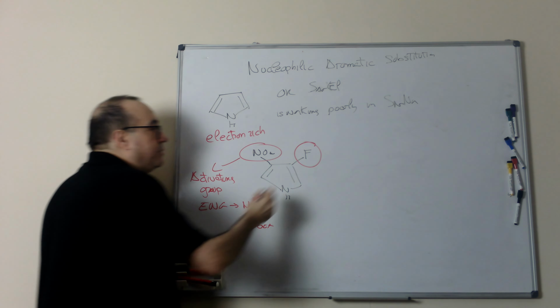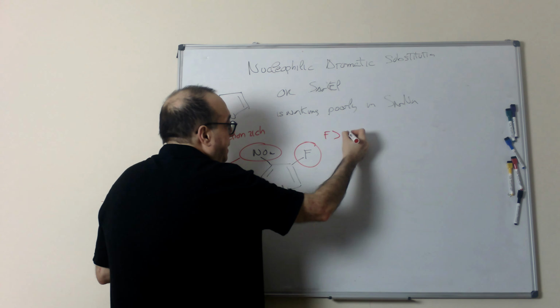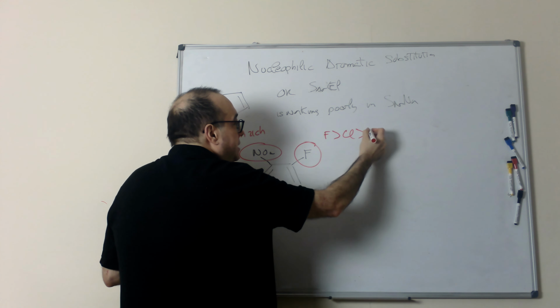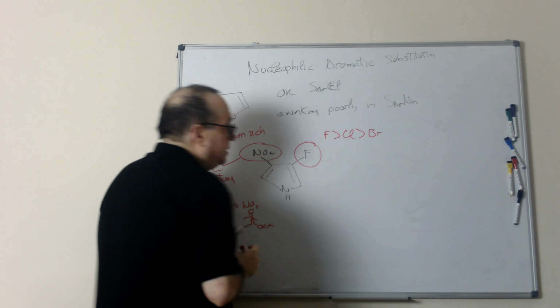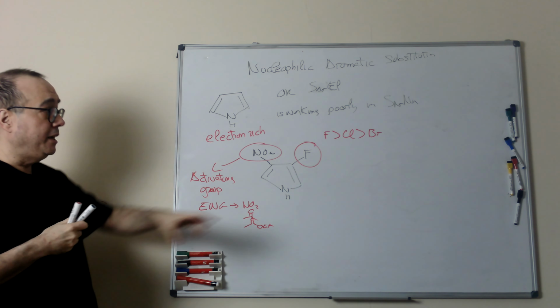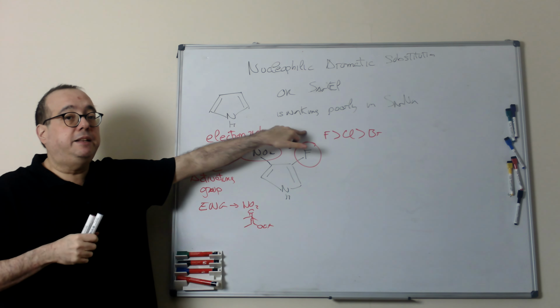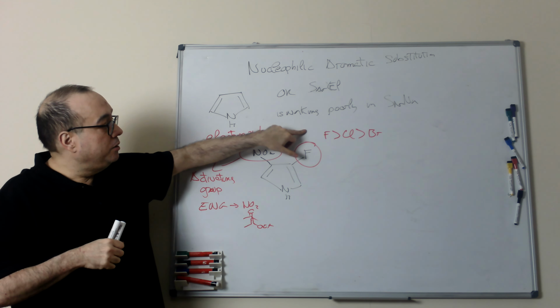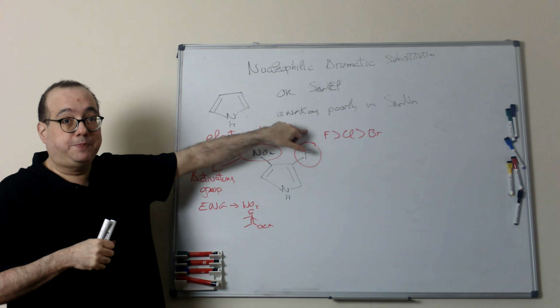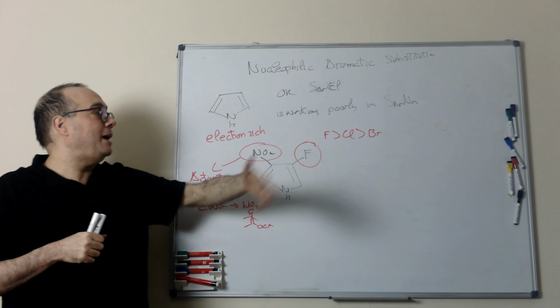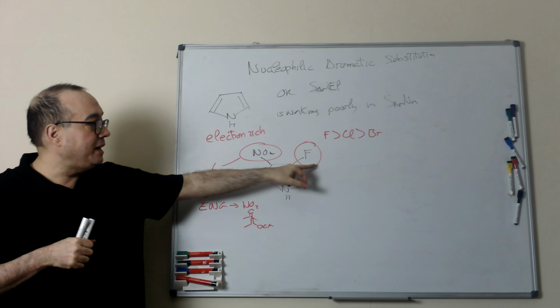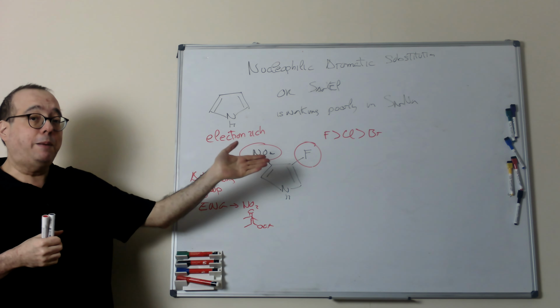Okay, remember that fluoride is better than chloride, is better than bromide. That means it's just the opposite than in the nucleophilic substitution bimolecular, the SN2. Here the best group that we can have is the fluorine. Remember why?